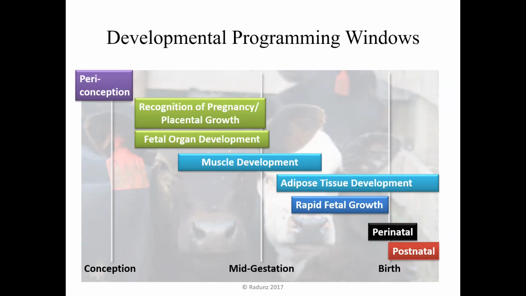regardless of genetics. If we then switch and look at adipose tissue or fat tissue development, that occurs starting in mid-gestation and goes on to a little while after birth. So the number of fat cells is actually set at birth.